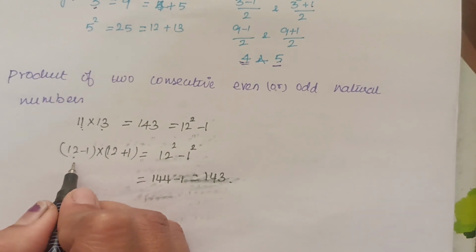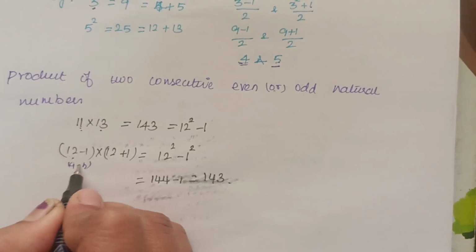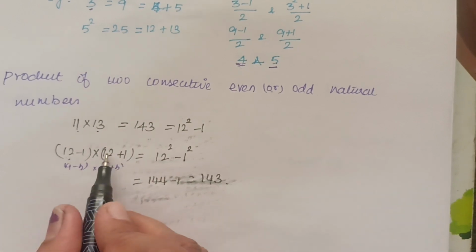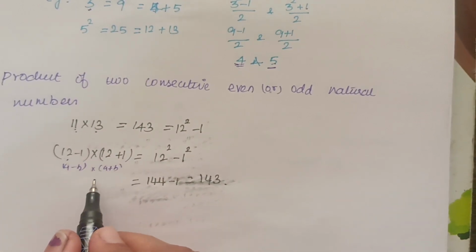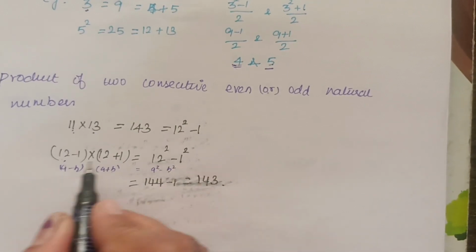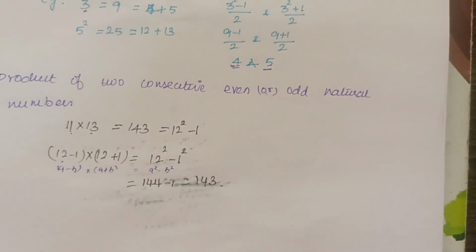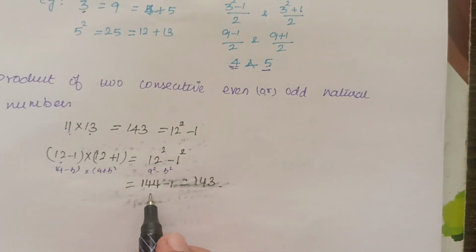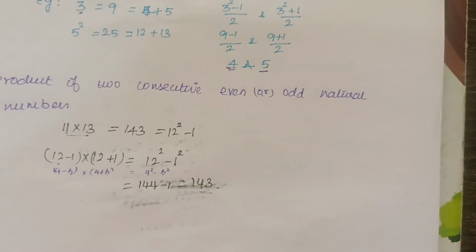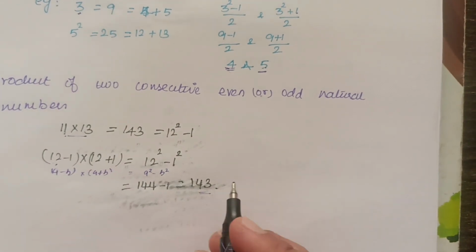Now this is in the form of a minus b into a plus b identity. So we can write a square minus b square. Here a is 12 and b is 1. So 12 square is 144, 1 square is 1, it is 143. So the product of these two numbers is 143.